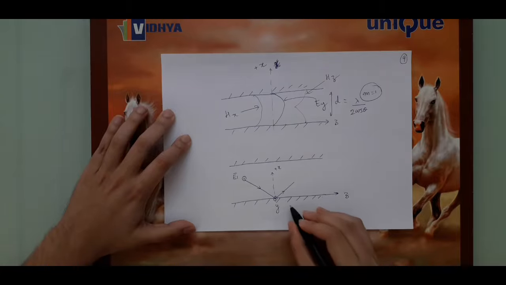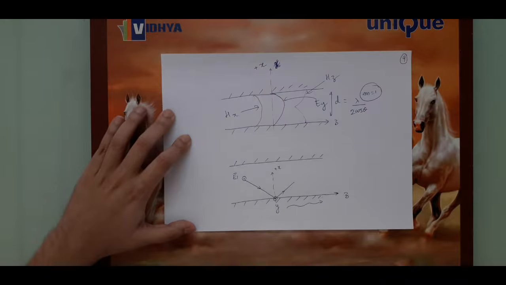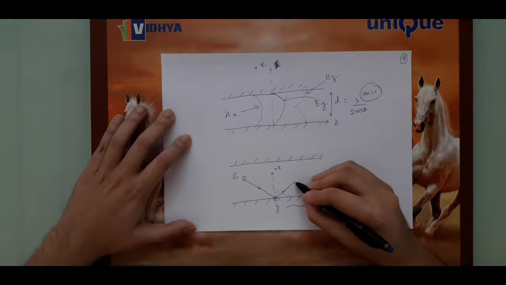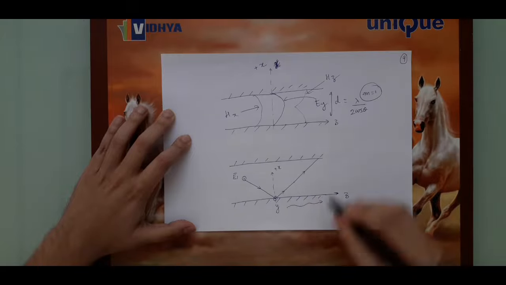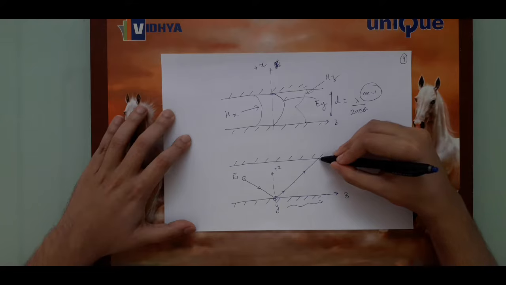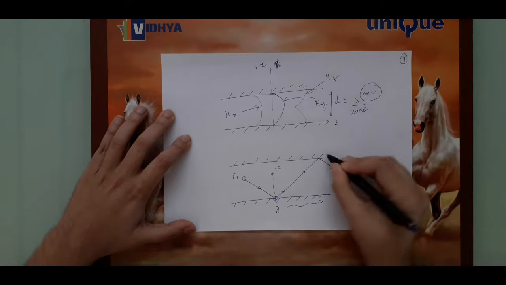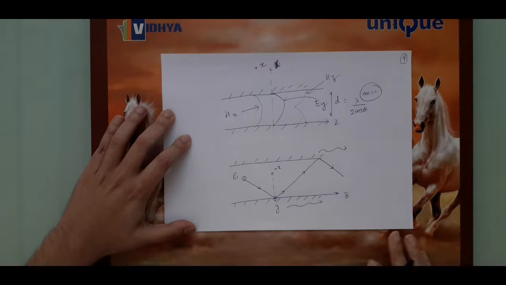Now what we had proved earlier was that some wave is flowing along the z direction. Now when this reflected wave hits the second boundary, a similar phenomenon happens and some energy propagation is created in this direction again.